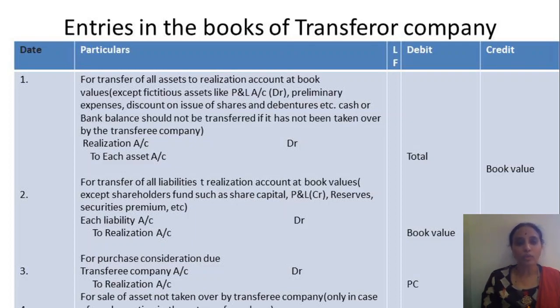Here you sell the asset and receive the money in the form of cash or bank, so bank account is debited, and you transfer that to the realization account. To realization account, the actual value realized by the sale of the asset should be taken. So this is the fourth entry.